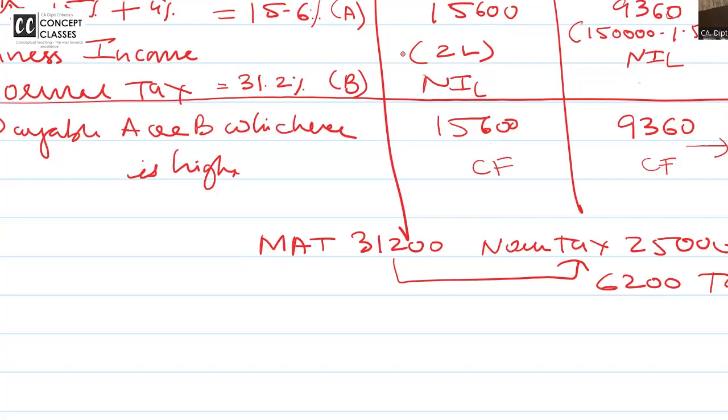Are you getting? If your MAT is 31,200, your normal tax is 25,000, so minimum 25,000 you have to pay. Then in 31,200 you can set this off. Clear to all of you or not? But here why can I not set off? Because 31,200 is same. Normal tax is also 31,200, so 31,200 you have to pay anyway. So we are not setting off.